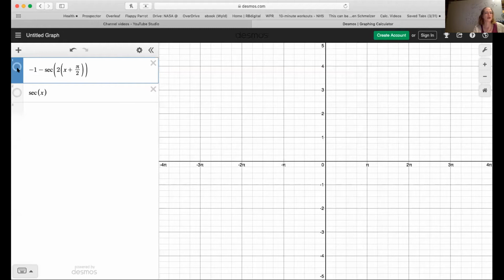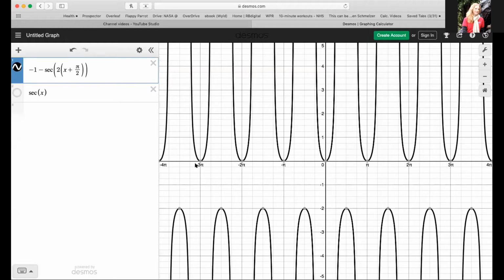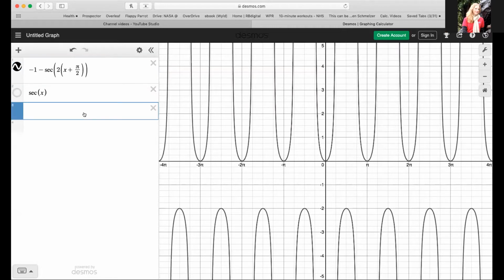Let's take a look at this guy right here, which is the one that we graphed. Notice that we've got this point here at negative pi over 2, -2, just like we thought. Our other up one starts at 0, 0, and we do have a period of pi.